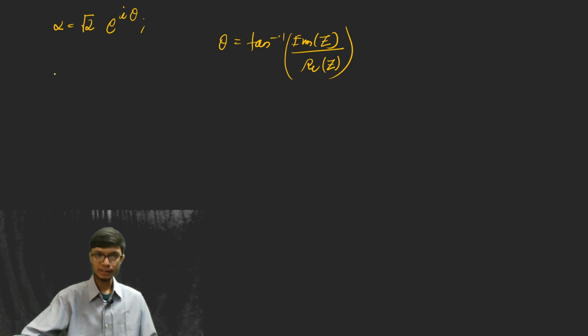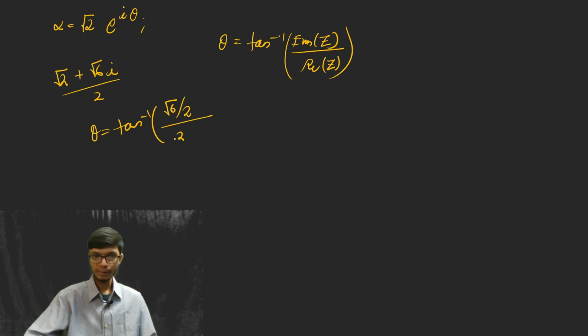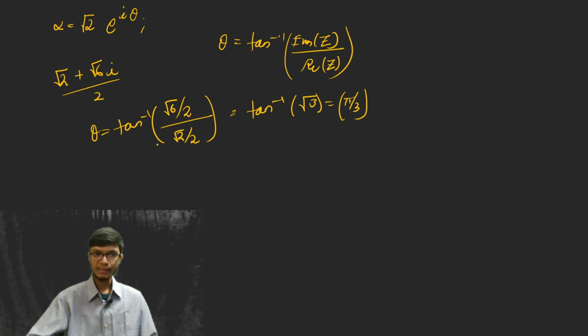For the very first value, root 2 plus root 6 iota by 2, I'll get theta as tan inverse of root 6 by 2 divided by root 2 by 2. This gives tan inverse of root 3, that is pi by 3, 60 degrees. Similarly for the other root, root 2 minus root 6 iota by 2, let me write theta 1 and theta 2.